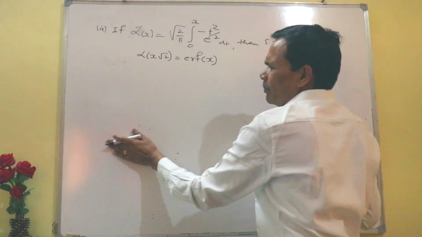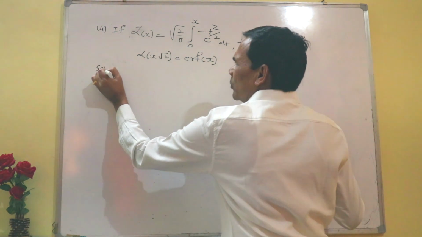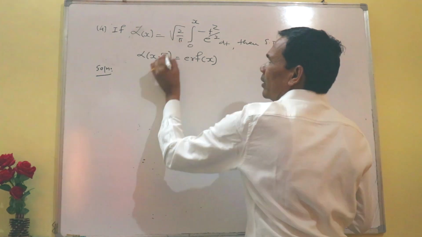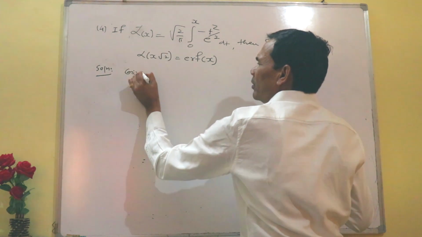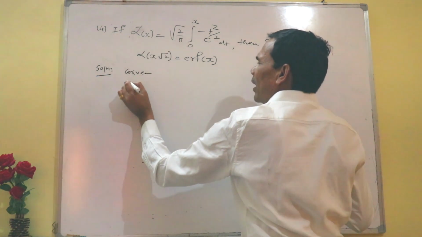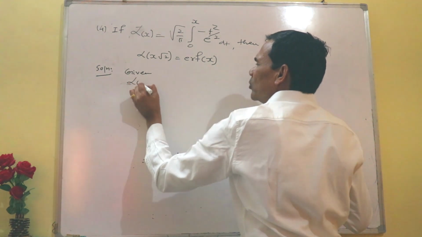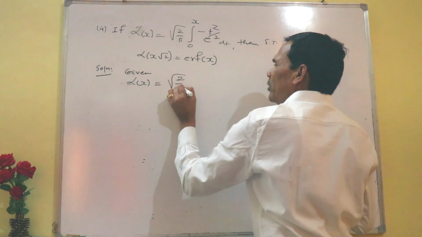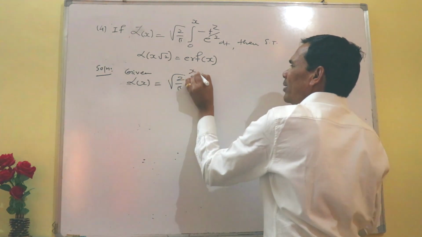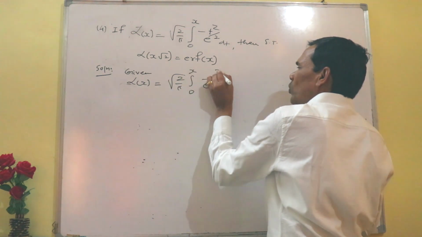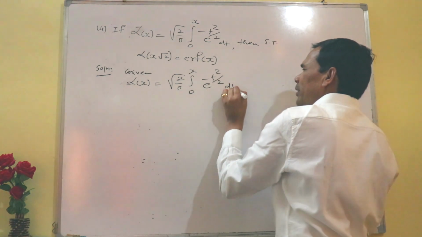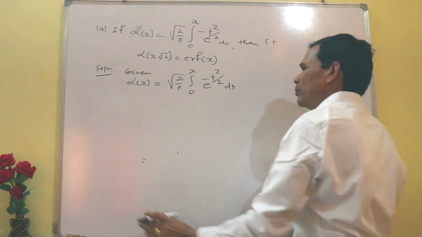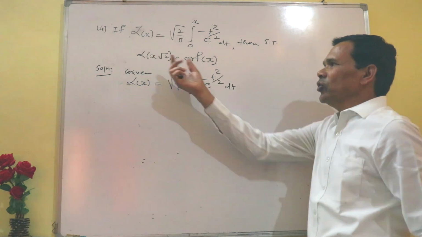So, simple technique here, again the same solution. It is given error function of alpha x is equal to root 2 upon pi, integral from 0 to x of e raised to minus t square by 2 into dt. So I would like to prove this.